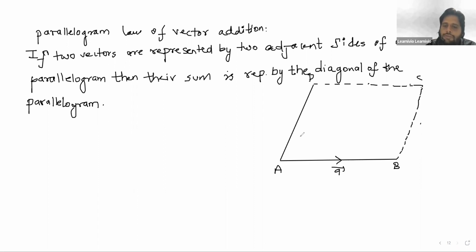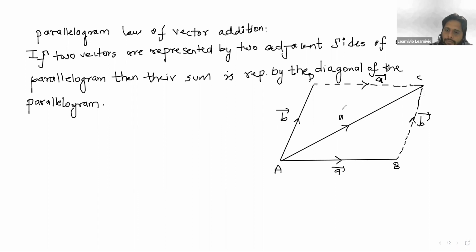One is given by this, second is given by this. Two vectors are represented by the adjacent sides of a parallelogram. We will say that this is also B and this is also A. Then their resultant will be given by their diagonal. So this diagonal will give their resultant, that is A plus B.